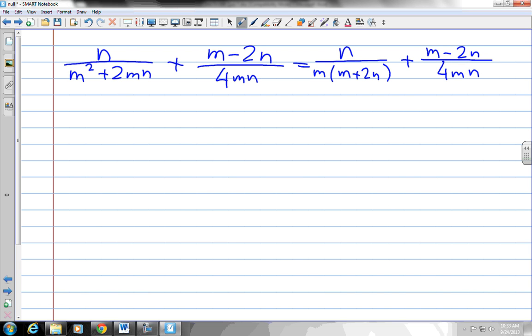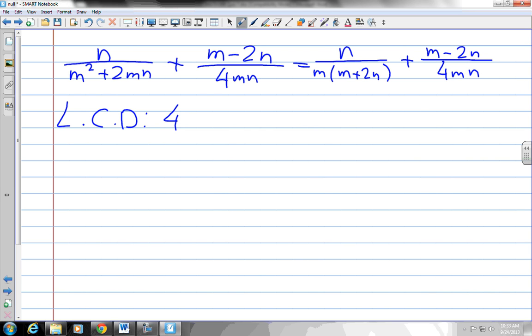So everything is factored, so we can start pulling things together to find the common denominator. Again, remember, we just need all different factors that we see to the highest power. So I see that number 4, that lonely 4. I need 4 in my LCD. I see m twice, right?